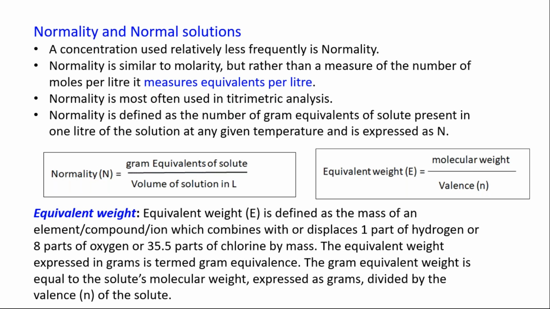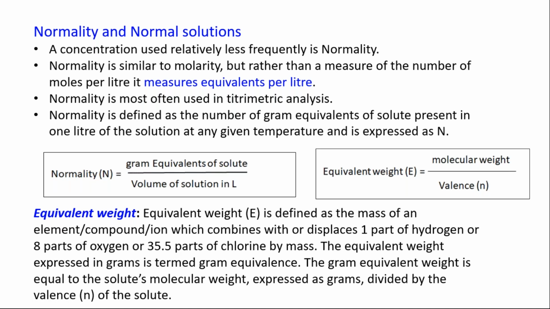Normality is given by gram equivalents per volume, and you need to know the equivalent weight. First calculate the equivalent weight, which is the molecular weight divided by the valency. Equivalent weight is defined as the mass of an element or compound which combines with or displaces 1 part of hydrogen, 8 parts of oxygen, or 35.5 parts of chlorine. When expressed in grams, it is known as the gram equivalent.